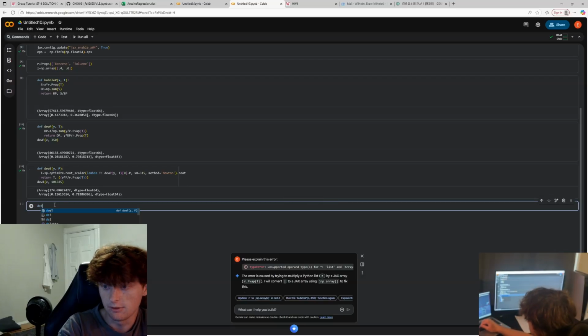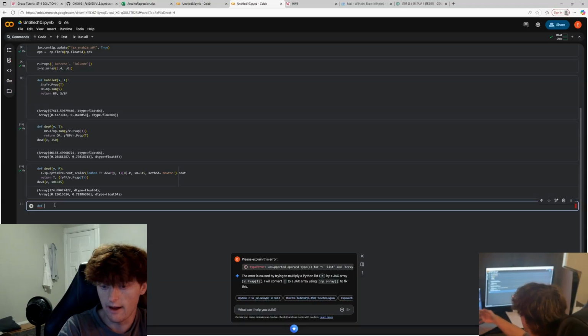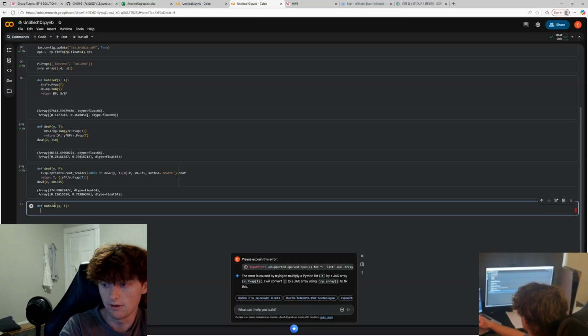So the next thing that we can do is define our bubble temperature, and this will be X and T, colon, and we're going to do the same thing that we did before, except this time we're going to be using our bubble pressure and subtracting it from our system pressure, and it should be equal to 0.